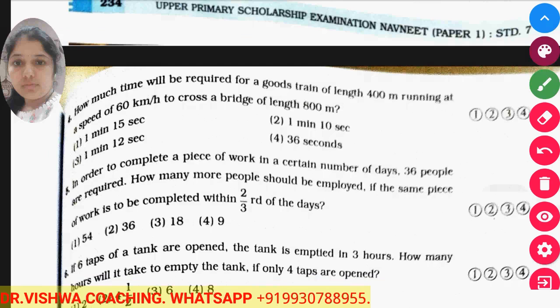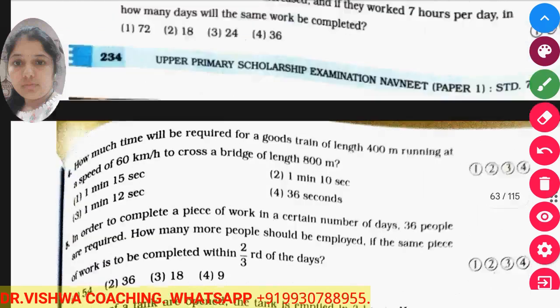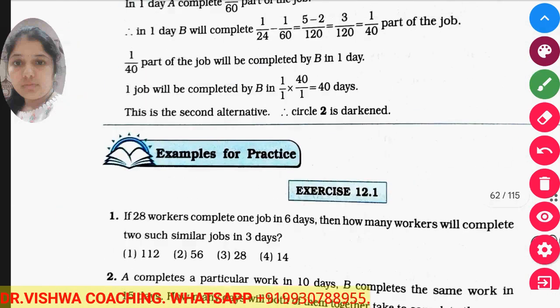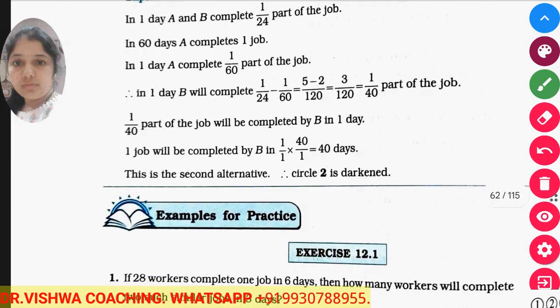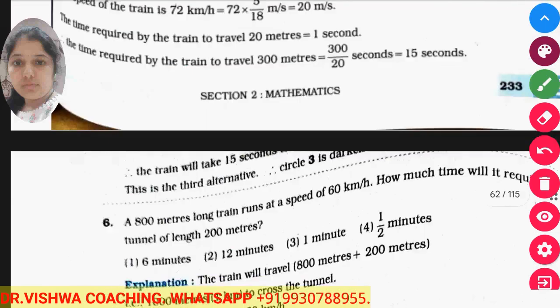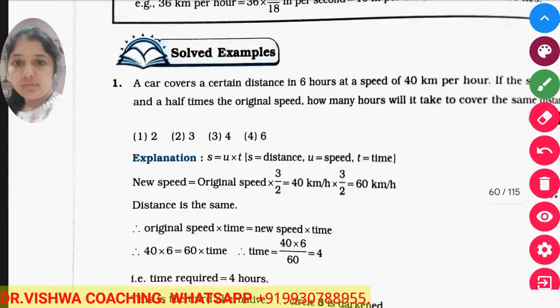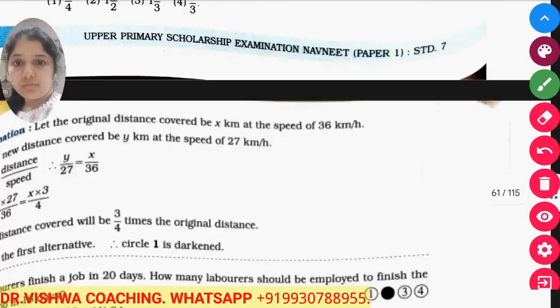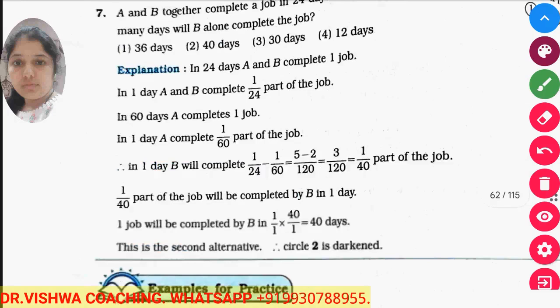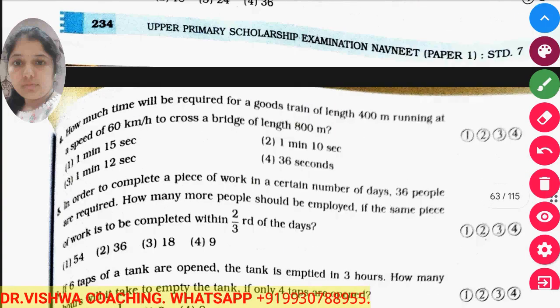Now see, how much time will be required for a goods train of length 400 meter running at 60 km per hour to cross a bridge of length 800 meter? Now see, kilometer per hour can be converted into meter per second by multiplying it with 5 by 18. So 60 kilometer per hour is the speed of the train.